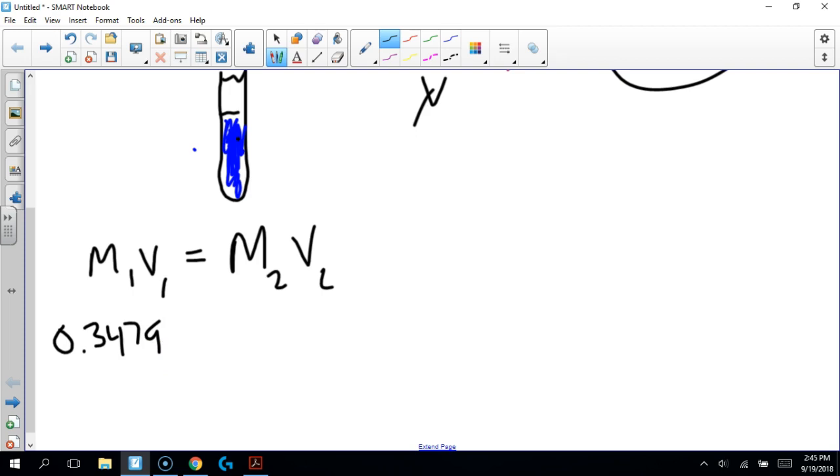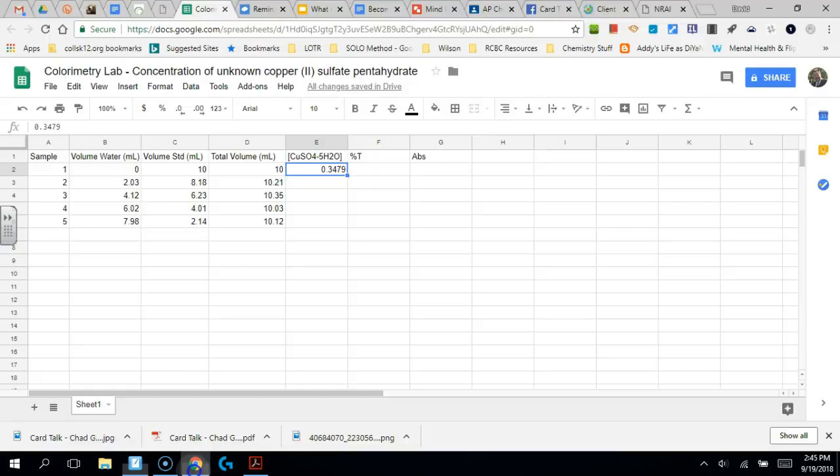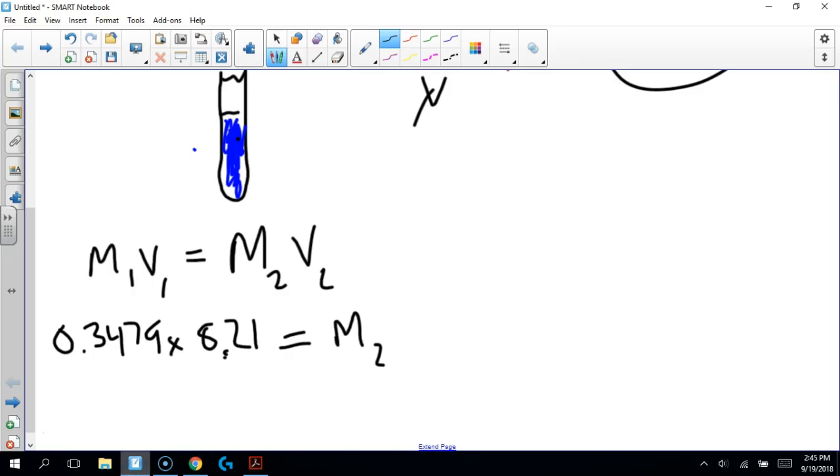Okay, and then we're going to multiply that molarity by a volume. What was the original volume of the solution? Well, we added 8.21 milliliters. Okay, and that's going to equal whatever the new molarity is times the new volume, which I forgot to look up, 10.21 here. Oh, this is 8.18.